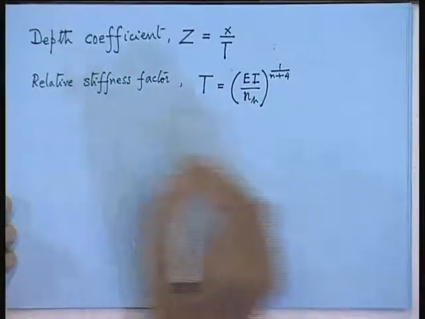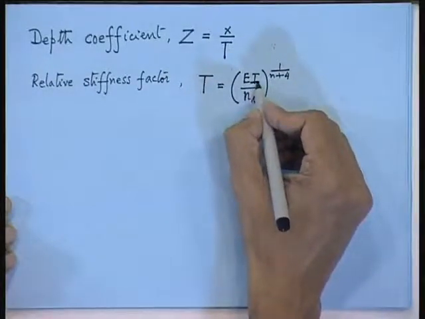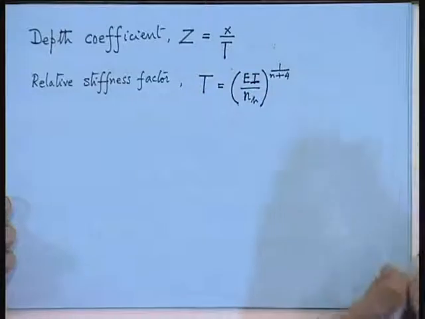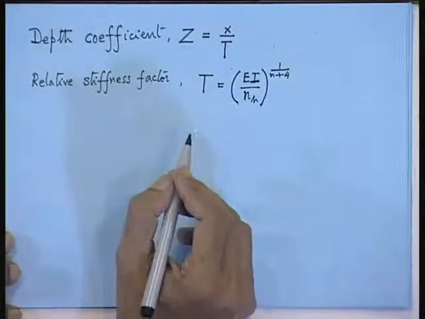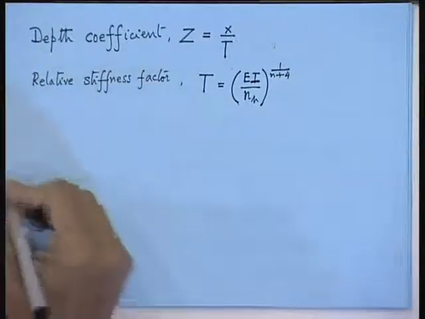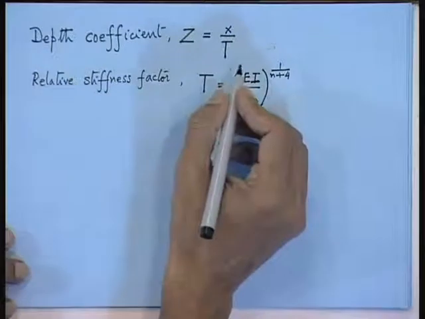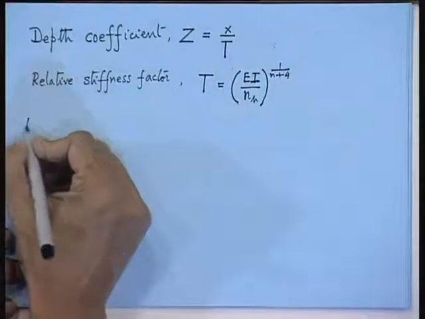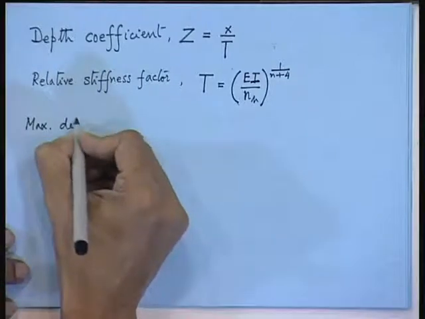So, here actually this T is a term which links your pile modulus of rigidity with the soil, that ES is coming. So, this is one. Then the other is the depth coefficient we have already defined. So, maximum depth coefficient.